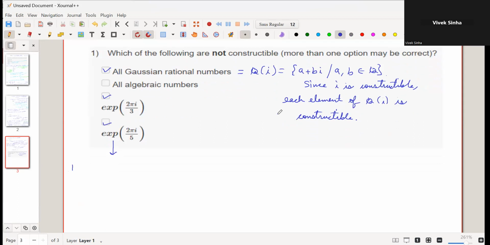So it is constructible if and only if the angle 2 pi by 5 is constructible, and this is constructible if and only if a 5-gon is constructible.